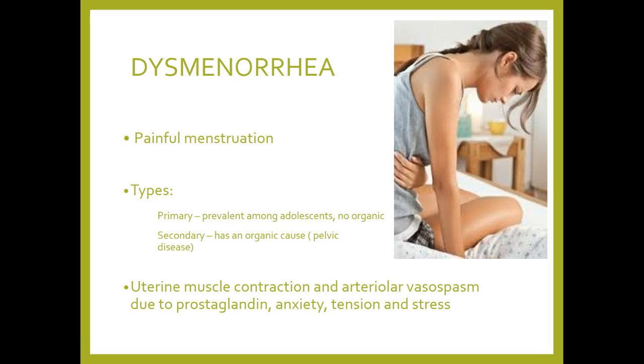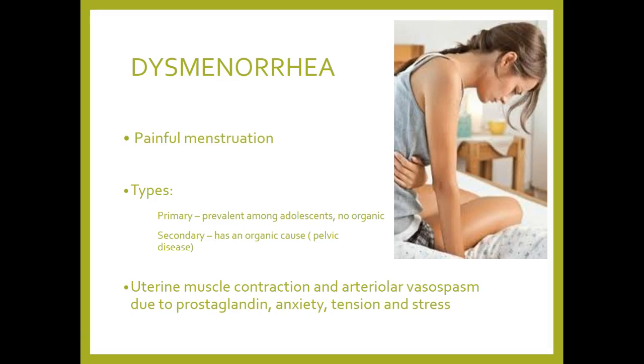So why does this happen? Well, there is an excessive production of prostaglandins that will stimulate uterine contractions, and if we stimulate uterine contractions, then what we are doing is we are essentially cutting off the blood flow to the tissue.